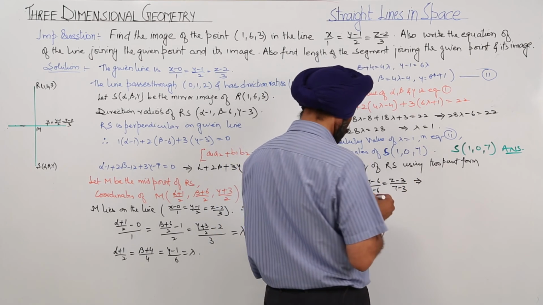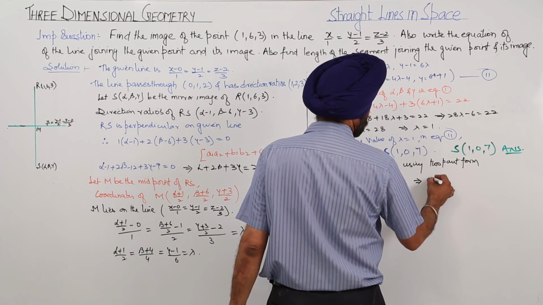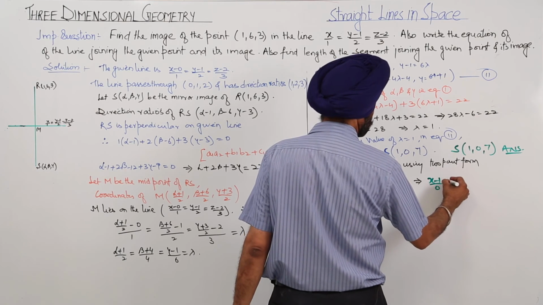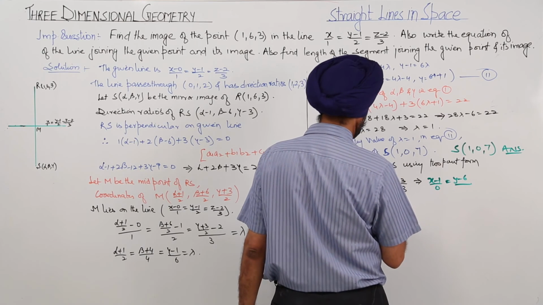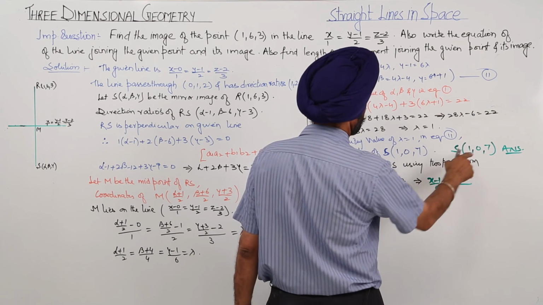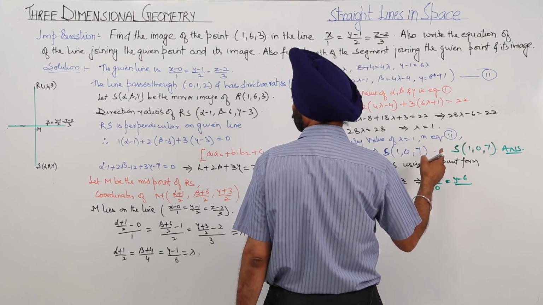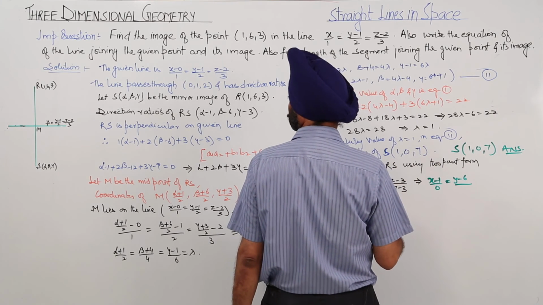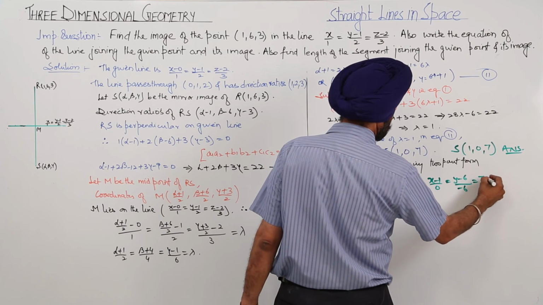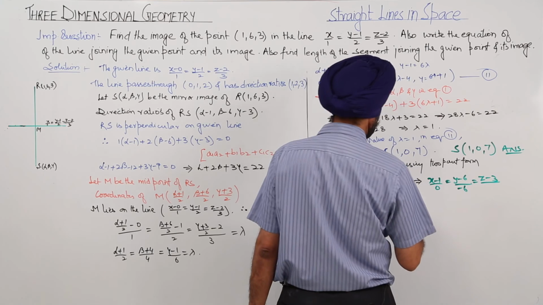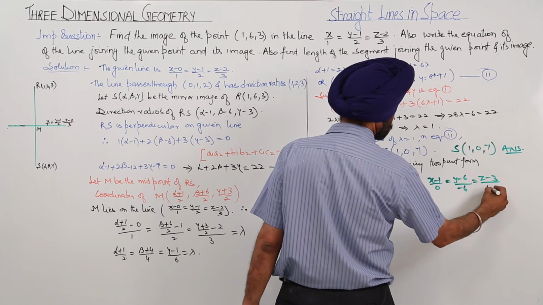So the required equation becomes x minus 1 upon 0 is equal to y minus 6 upon minus 6 is equal to z minus 3 upon 7 minus 3, that is 4.